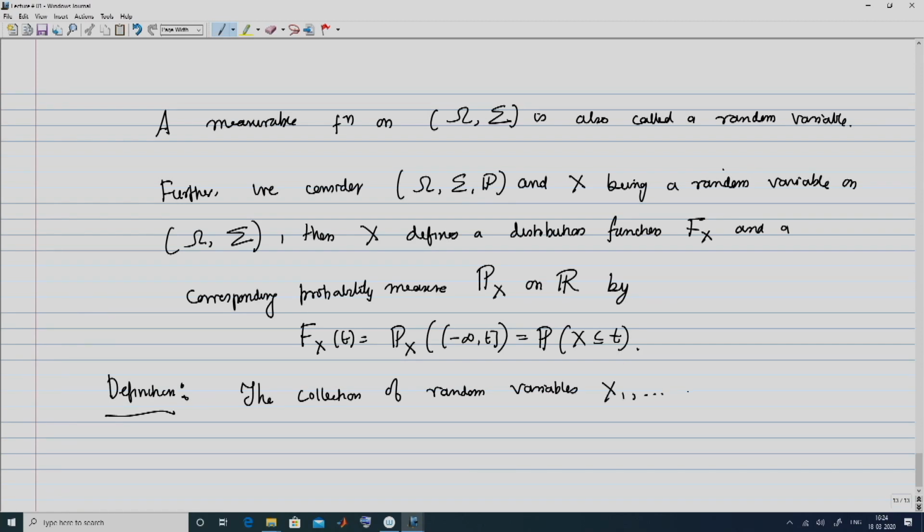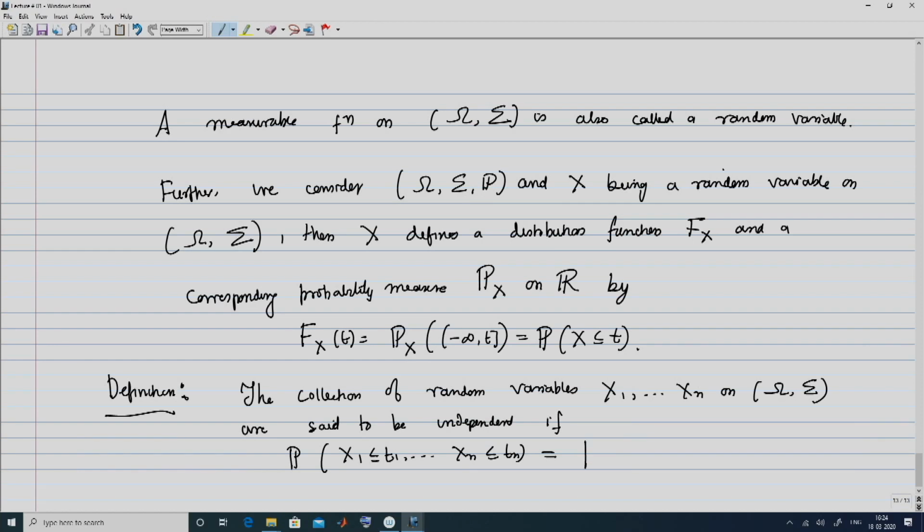The collection of random variables capital X_1 through X_n defined on the measurable space (omega, sigma) are said to be independent if the probability of X_1 less than or equal to t_1, all the way to X_n less than or equal to t_n, is nothing but the product of the probabilities of X_i less than or equal to t_i, for i equal to 1 to n.